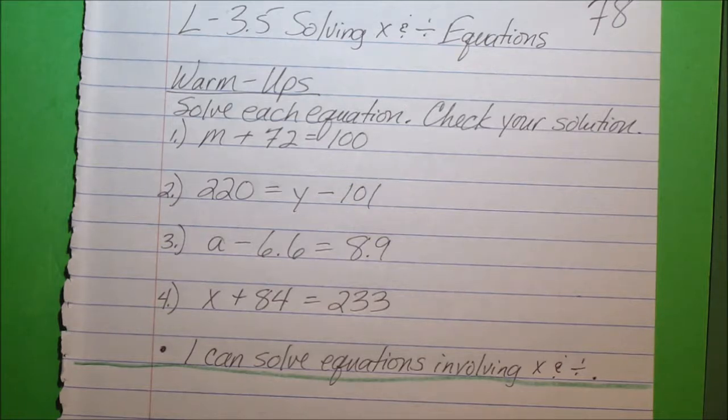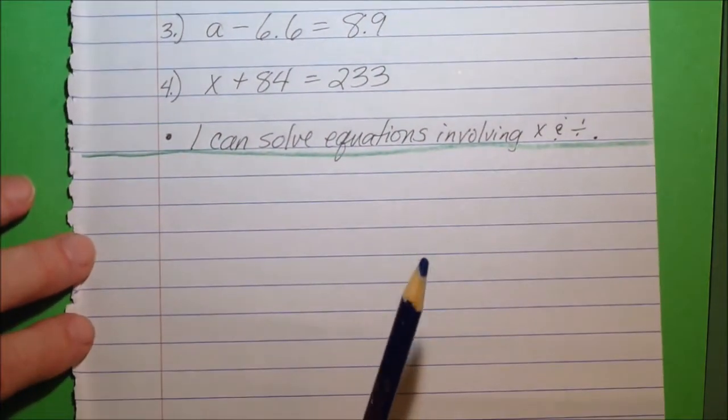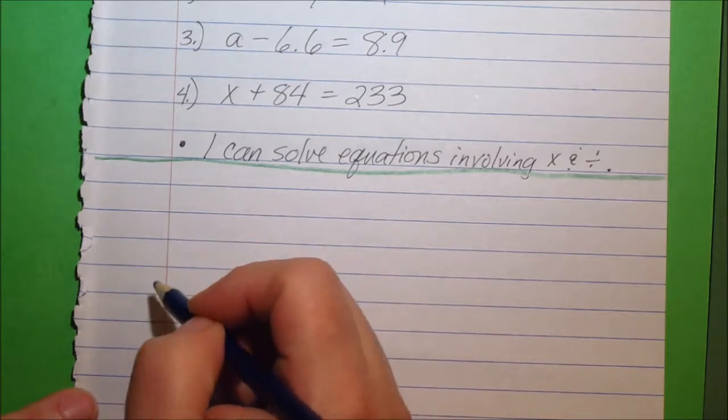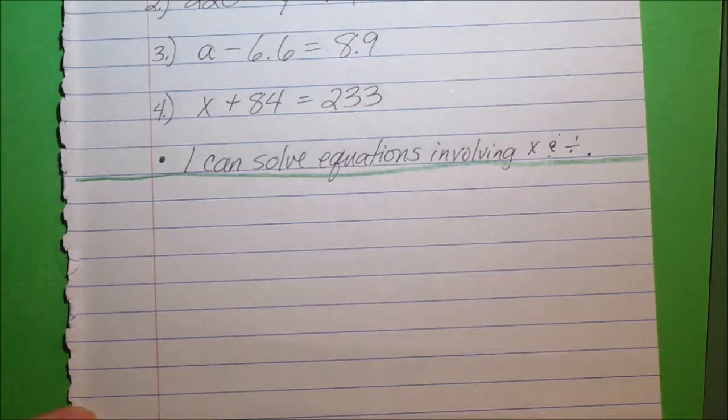So let's see, I think I got my dark blue pencil, and it doesn't really matter. You could use your purple, dark blue, whatever you like. But we need to write a couple of important things here. You'll remember from our notes from 3.3, we talked about inverse operations.